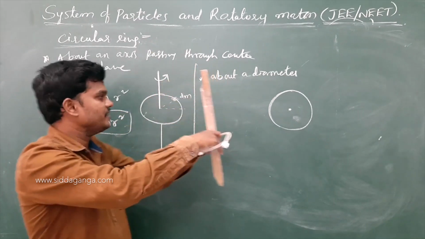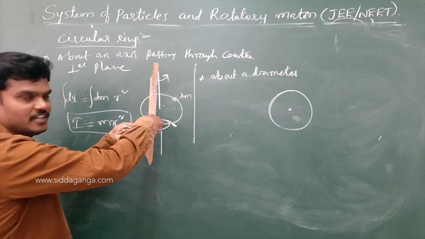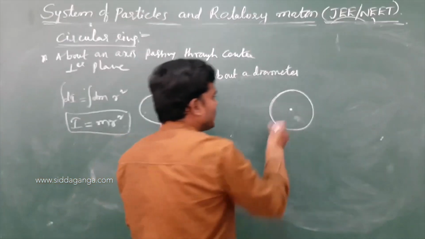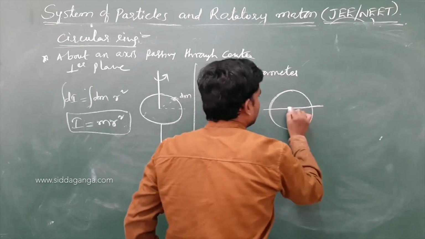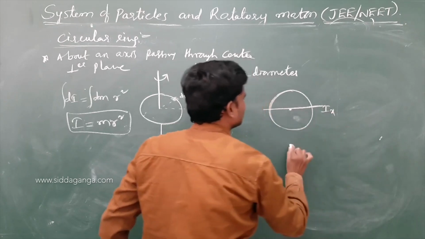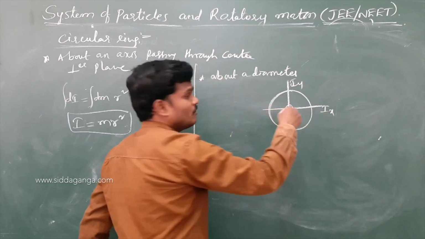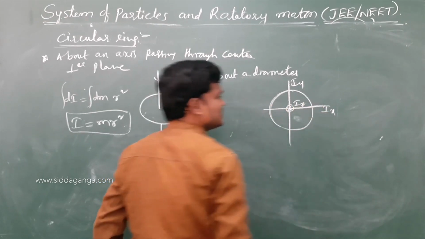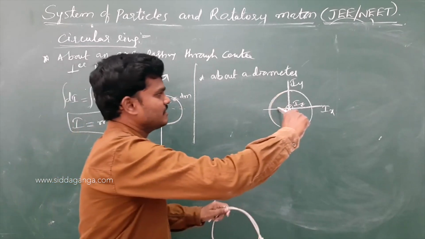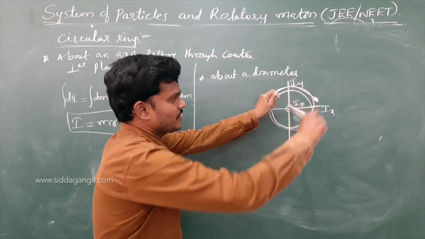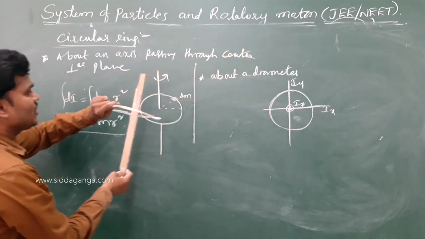Iz we already have, the first formula. Feel that this is Iz. Let us imagine this is the Ix on board, this is Ix, and this is Iy. The middle one is Iz. Iz already we have the formula m r square.